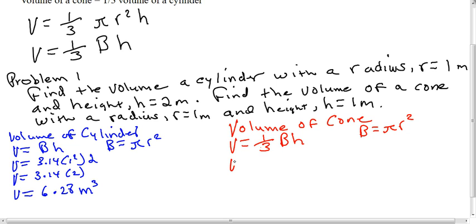So volume is going to equal 1/3 times 3.14. My radius again is 1, so I'm going to square 1. And what did I have for a height? Here I had a height of 1.